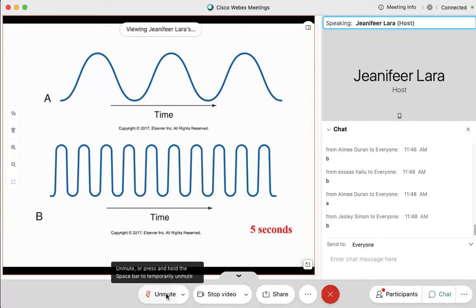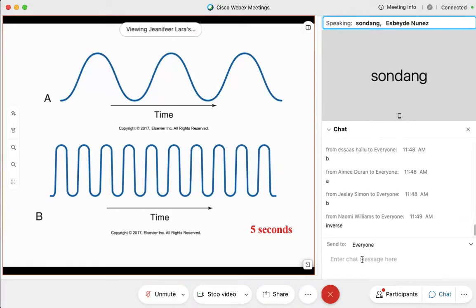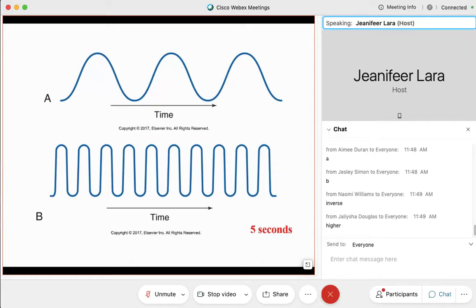Less frequency. Perfect. Thank you. But if I have a shorter wavelength, what happens to my frequency? It goes higher. So these two, frequency and wavelength, have an inverse relationship.